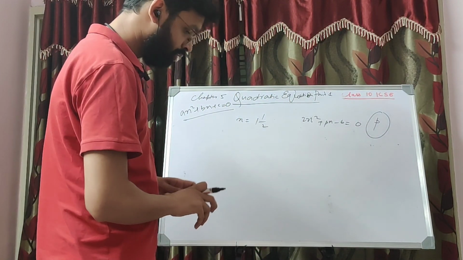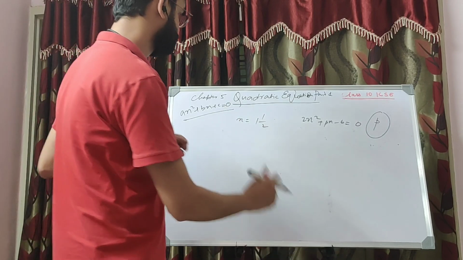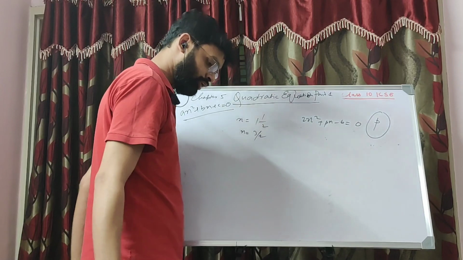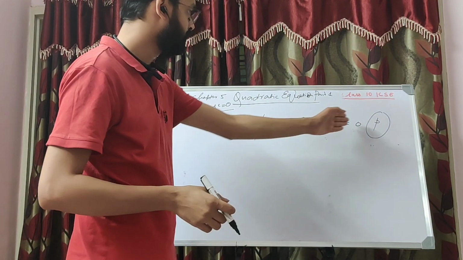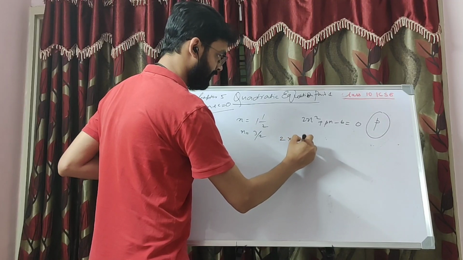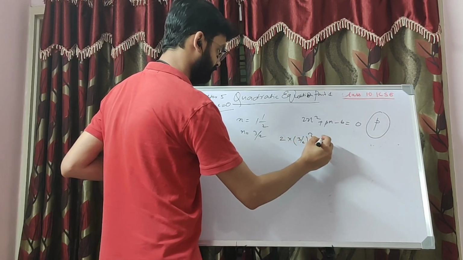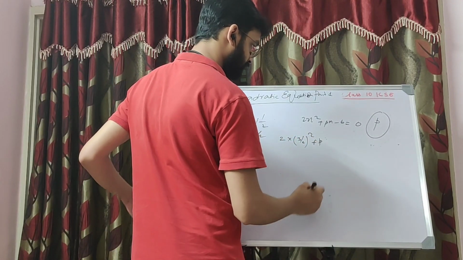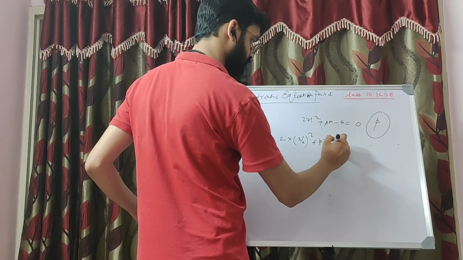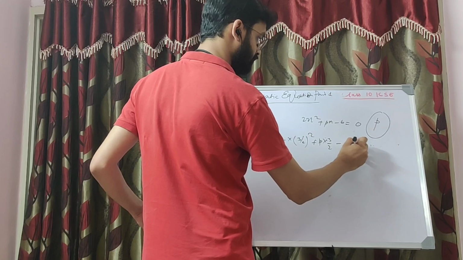So I know the value of x is 3 by 2. I need to substitute that value in the equation. So 2 into (3 by 2) whole square plus p into 3 by 2 minus 6 is equal to 0.